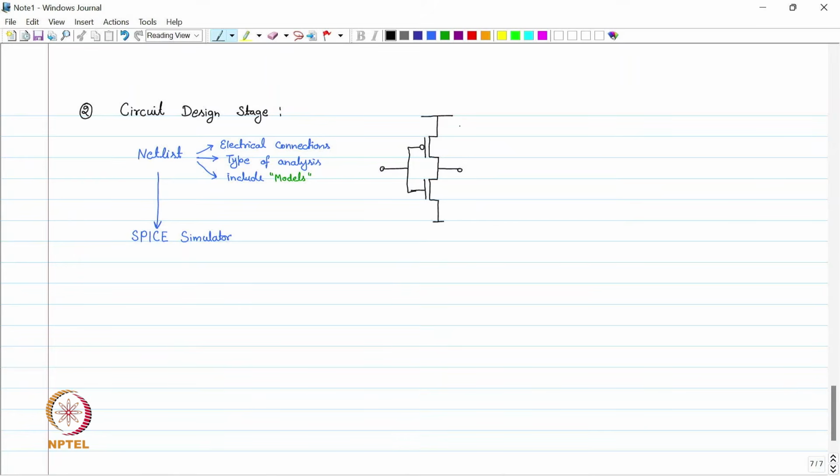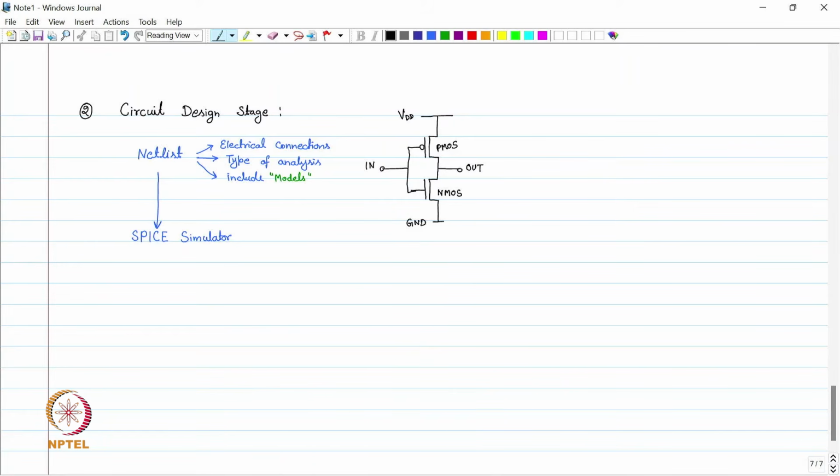So this is a PMOS and this is an NMOS. This is supply voltage VDD, this is ground GND, this is input and this is output.